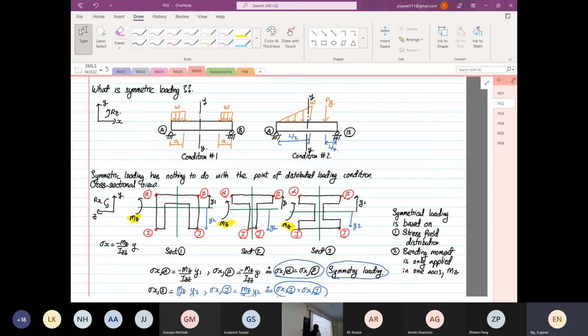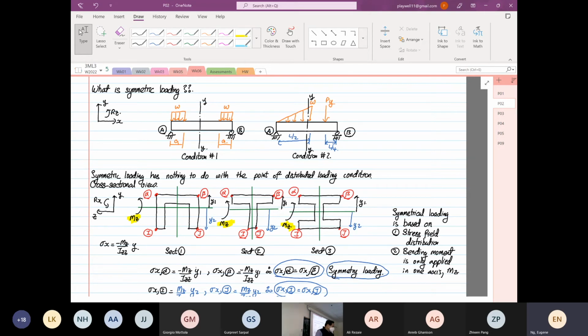And the most important thing, whether it is symmetrical loading or not, is the moment can only be applied in one axis. Repeat again, the moment can only apply in what? One axis. Okay, these are the rules. You have to embrace the rules. If you don't embrace the rules, then there's problem in remembering the what? Fundamental. Okay, you have to know the rules.